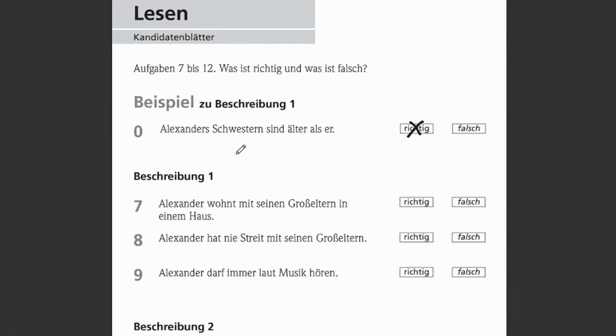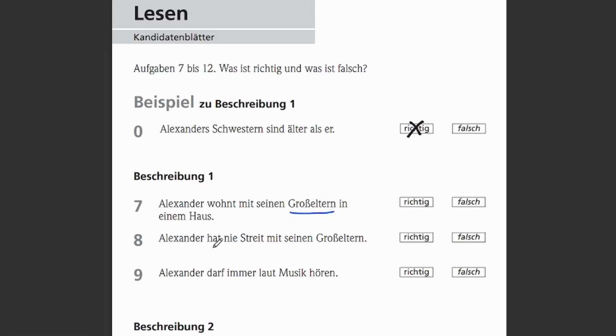Okay, here is an example question. Alexander's Schwestern sind älter als er, richtig? So it seems there is an Alexander and his sisters are elder to him. And what is the next question? Alexander wohnt mit seinen Großeltern in einem Haus. So we have to check whether he is also living in the same house where his grandparents are living.